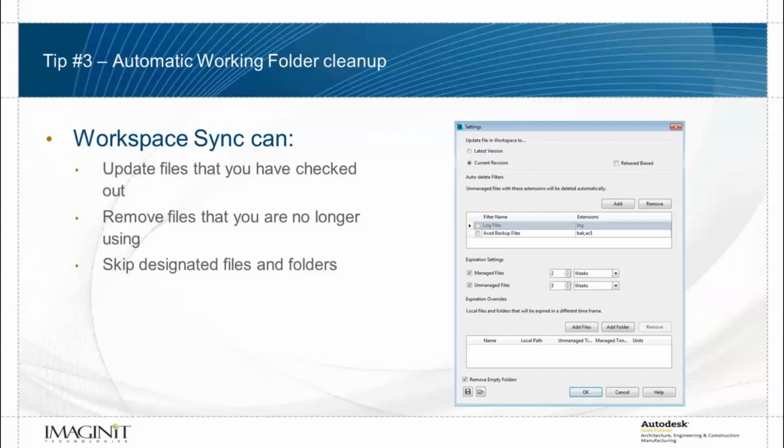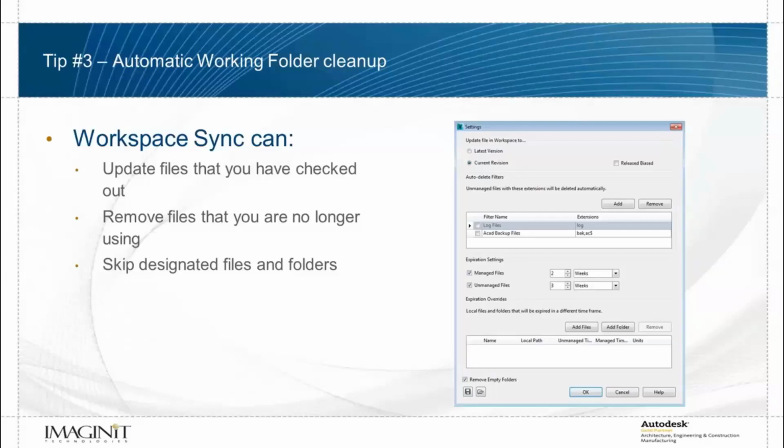When you check a file out of Vault, and this is just basic Vault functionality, it copies the file from Vault to a local working folder, typically on your C drive or your D drive, depending how you have it configured. But over time, you could end up with a whole bunch of files on your C drive.